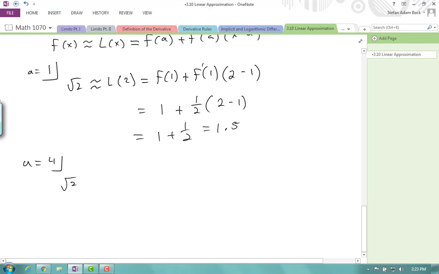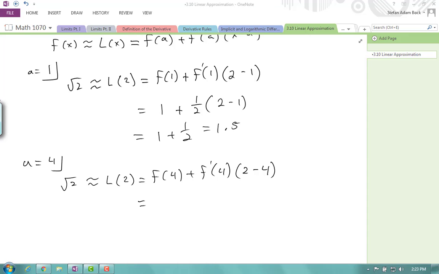I'll have the square root of 2, which is approximately equal to L of 2, which will be f of 4 this time, plus f prime of 4 times 2 minus 4. And what do I get out of that?